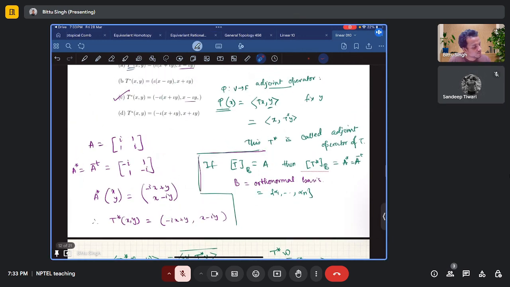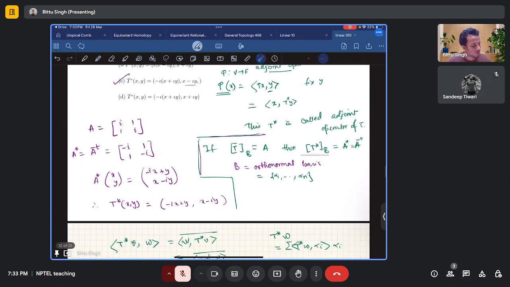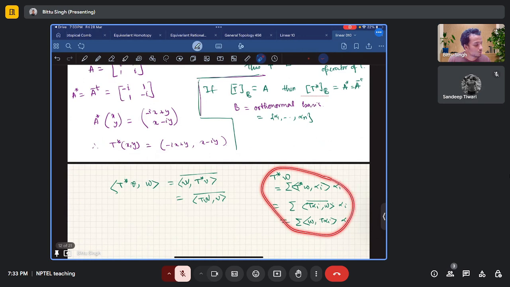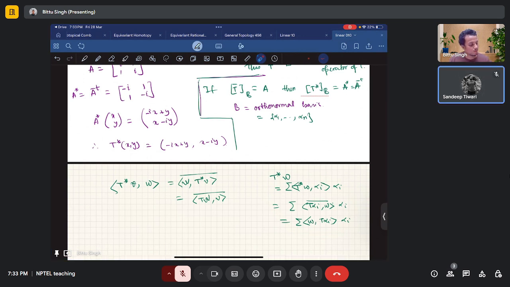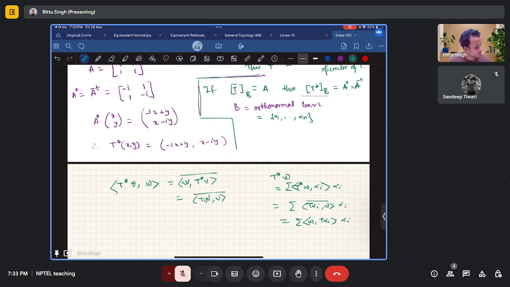Though T star is not explicitly written here, it is defined implicitly, but we can always deduce it using the given orthonormal basis. This is an explicit characterization of this T star.